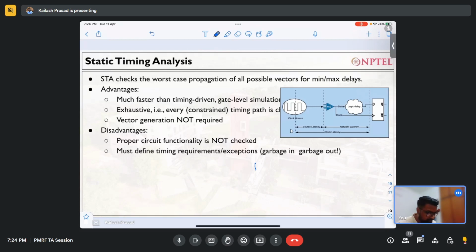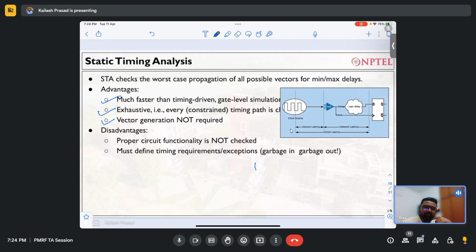So that's the first point. It is exhaustive and very fast compared to dynamic timing analysis. If you have used Cadence or SPICE level simulation for a very large design, it takes a very long time. That's the reason this entire static timing analysis concept has come into the picture.